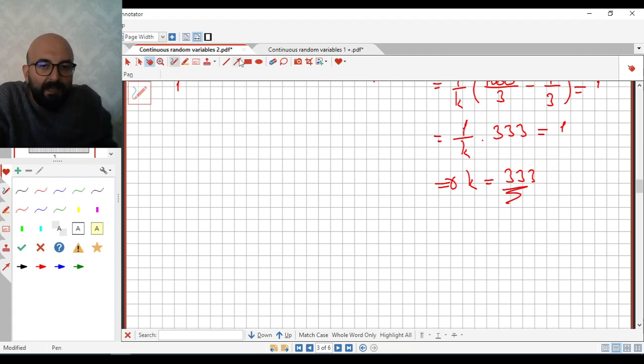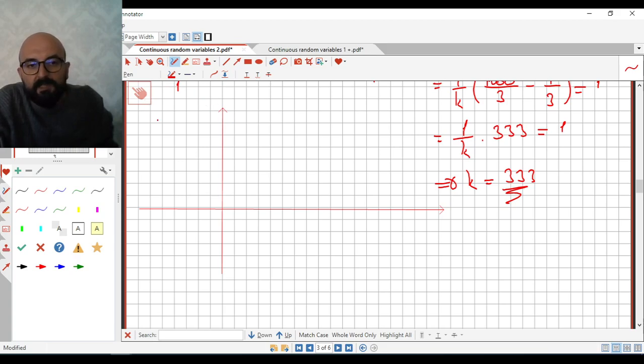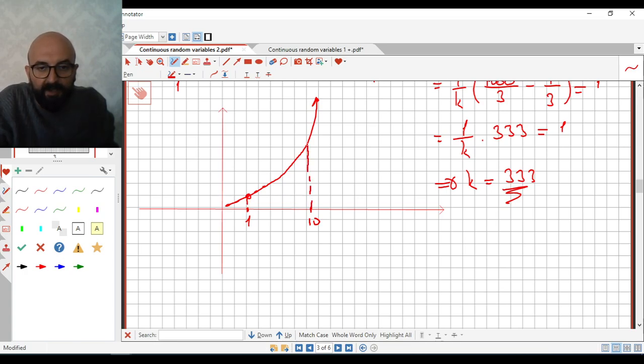And the other section: sketch the graph of f(x). Please remember the x squared graph. The x squared graph means this curve, and our x is between 1 and 10, this area.